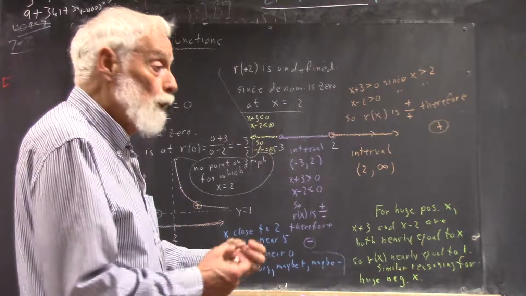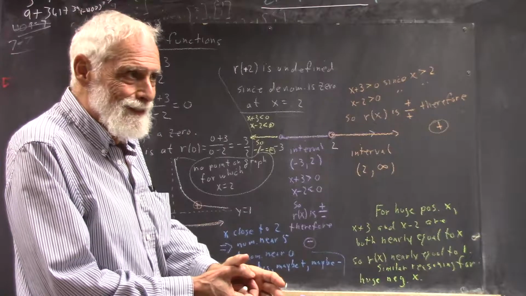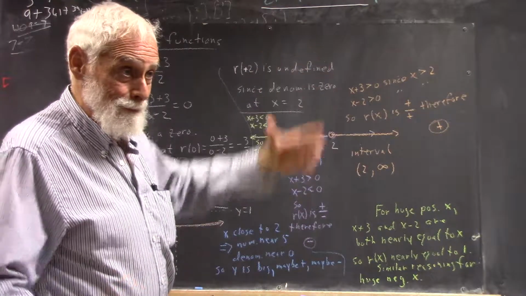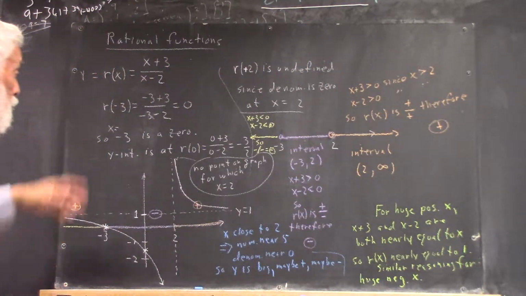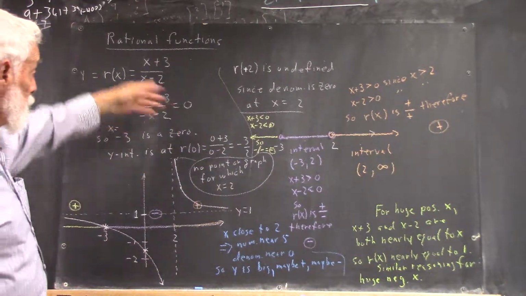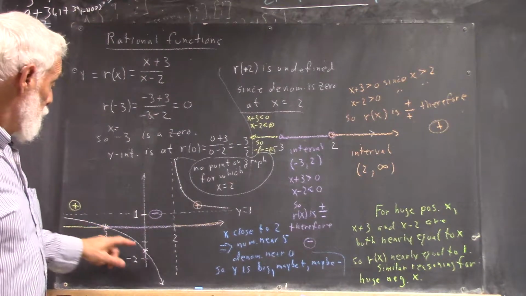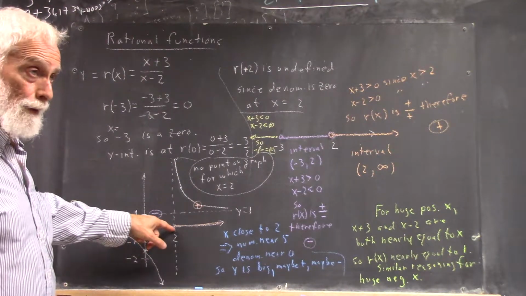Because as you get close to the denominator being 0, your denominator gets tiny, your quotient gets huge. Okay? And also we always figure out the y-intercept because that's always so easy. We just plug in 0 for x, right? So we mark these points.